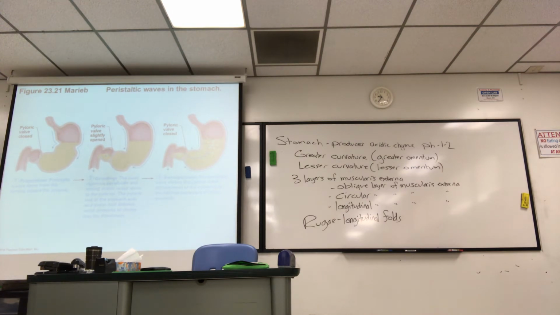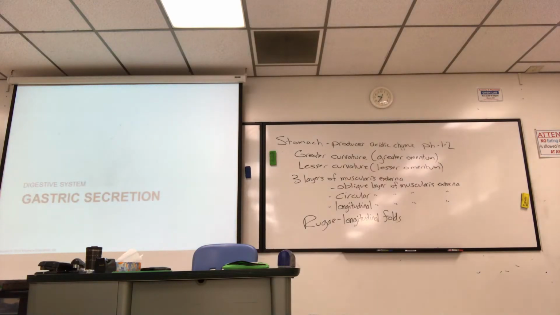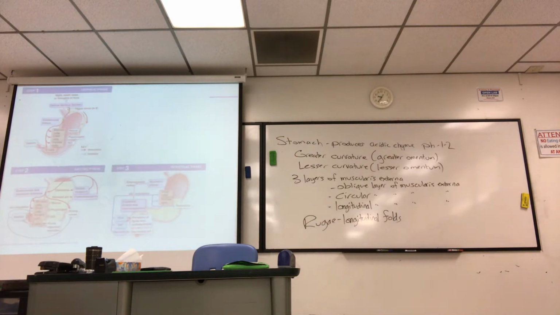Okay. And so how do you get all that juice in the stomach? It's not all the food you ate. You add juice to it for digestion, and that's the subject of gastric secretion, shown here in different phases. You start to secrete gastric juice before you even start eating. We're all conscious individuals. We know when we're hungry.